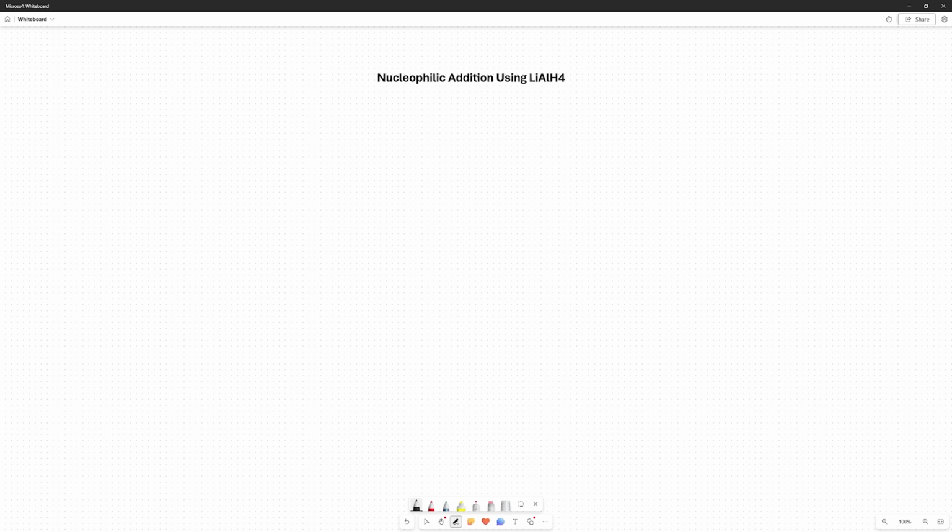So the third and second last that we're going to cover for the reduction using lithium aluminium hydride is for carboxylic acids. So we can have a carboxylic acid like this, and we'll have our lithium aluminium hydride. The first step is deprotonation of the alcohol or the hydroxyl.